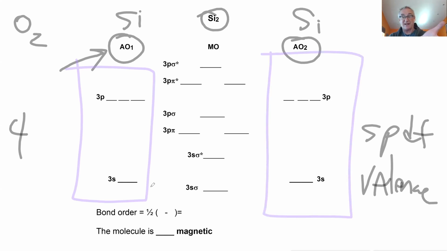This is exactly the sort of question you would get on a test. I'm giving you which atomic orbitals we're interested in, and I'm showing you the molecular orbitals that we're going to fill in. I don't want you to have to memorize that. It's confusing enough already. But you are going to have to figure out how many valence electrons. We've already established it's 4. And where do they go?